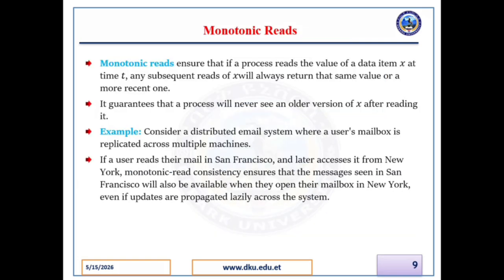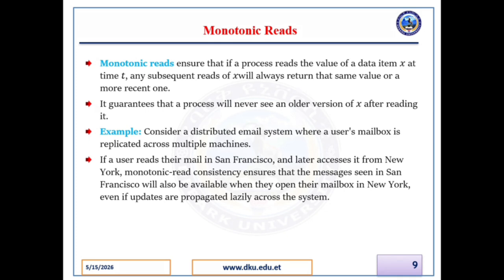The second client-centric consistency model is monotonic reads. Monotonic reads ensure that if a process reads the value of a data item x at time t, any subsequent reads of x will always return that same value, or a more recent one. It guarantees that a process will never see an older version of x after reading it.